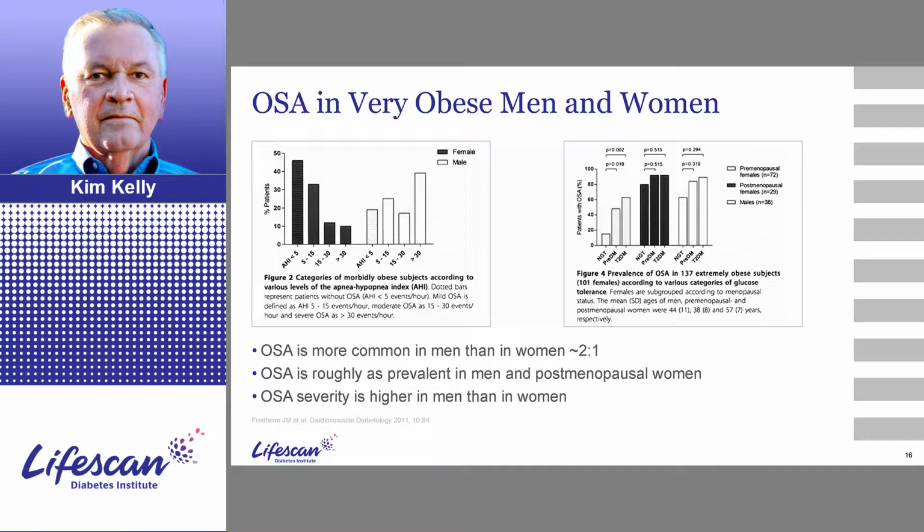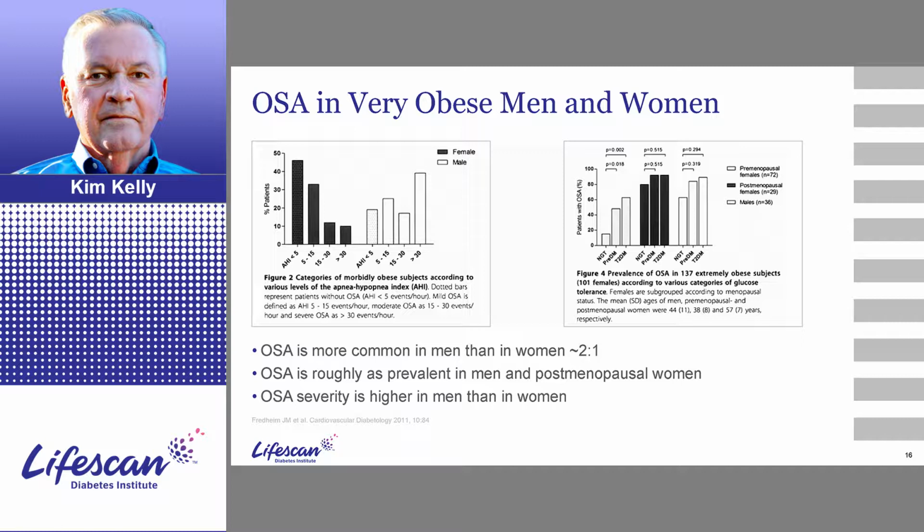This slide talks about obstructive sleep apnea associated with morbid obesity, very obese individuals with a BMI generally over 40. A couple of things. In the left-hand panel, the dark bars are women, females. The far left bar is the percentage of individuals who don't have sleep apnea.